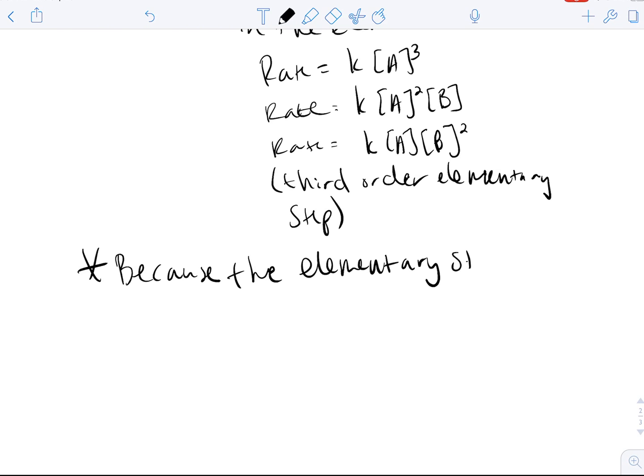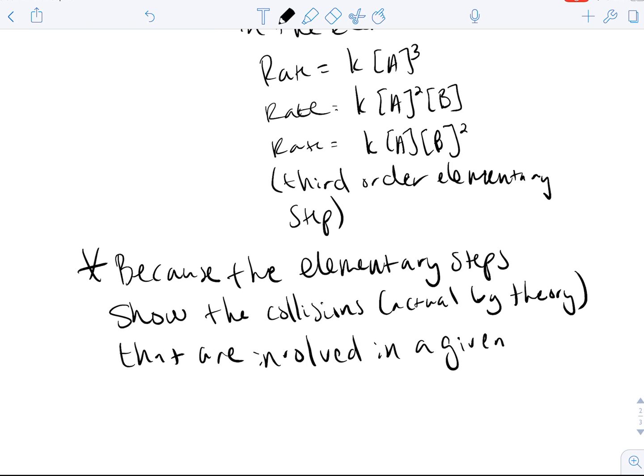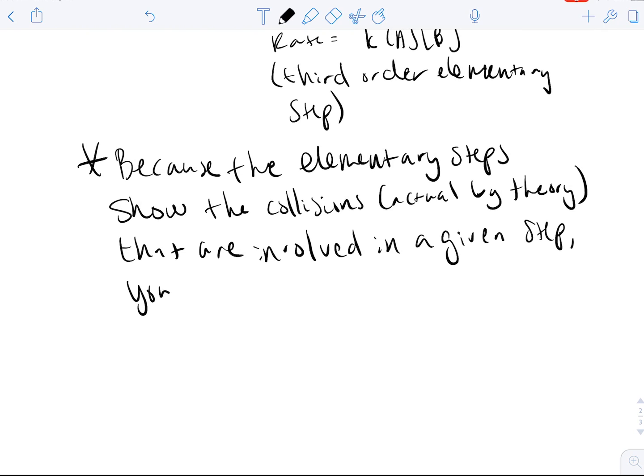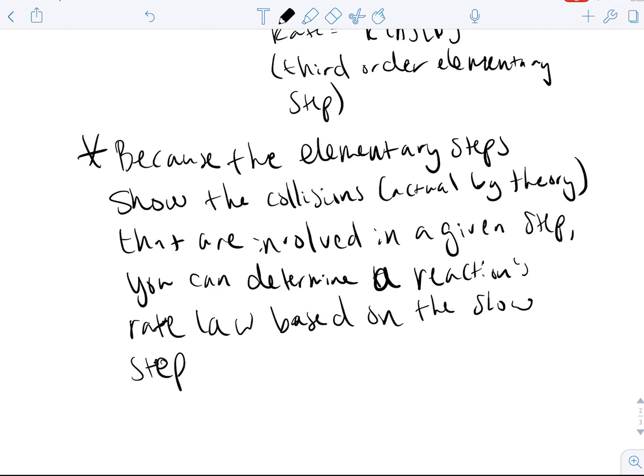Because the elementary steps show the actual collisions that are involved in a given step, you can determine a reaction's rate law based on the slow elementary step of a reaction mechanism.